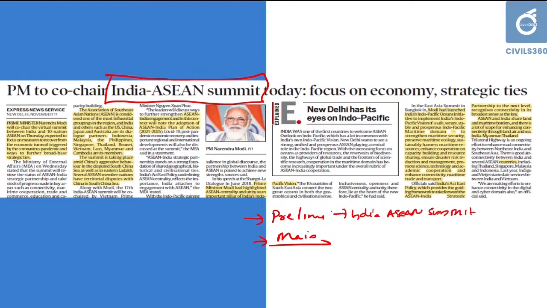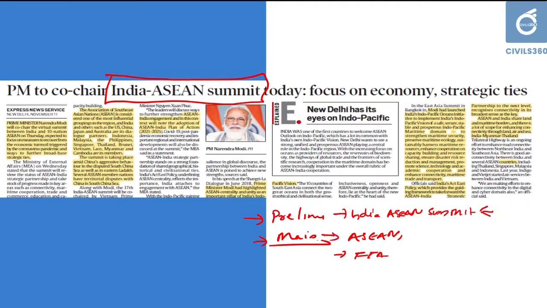Then for mains, you need to identify the relation between India and ASEAN. You go through that. And there is a free trade agreement pending between India and ASEAN. Go through that. While learning the India-ASEAN Summit for prelims, you should also identify the members. Go for that also.